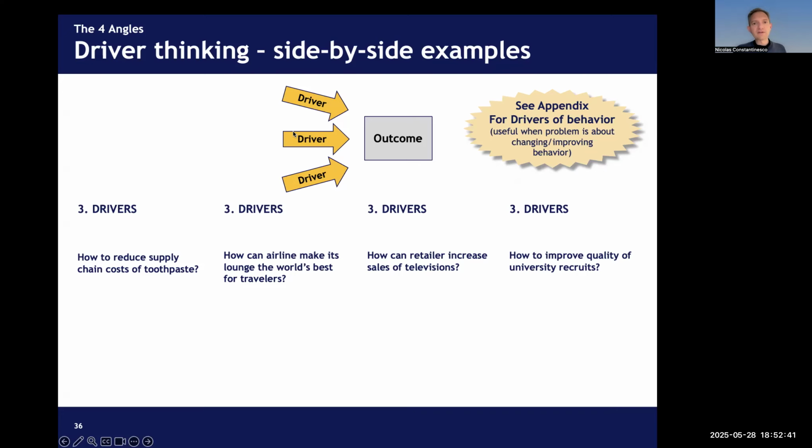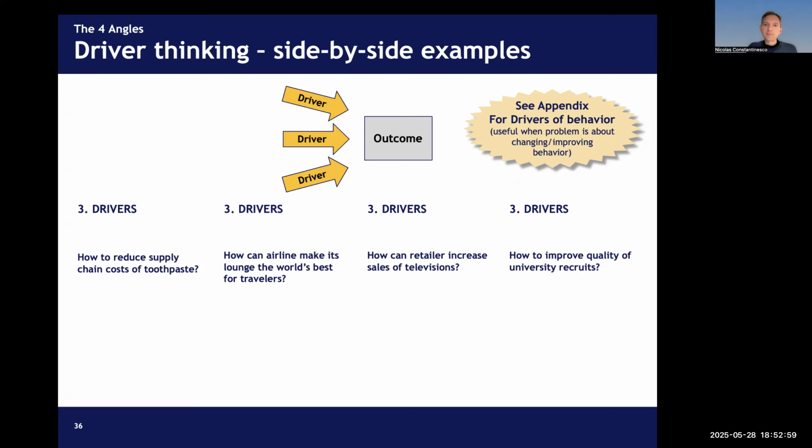And since I'm here, I will explain now this drivers of behavior that I mentioned for the appendix. So driver thinking is basically, right, the causes that lead to this outcome. You can see in the little picture here, the drivers that lead to the desired outcome.